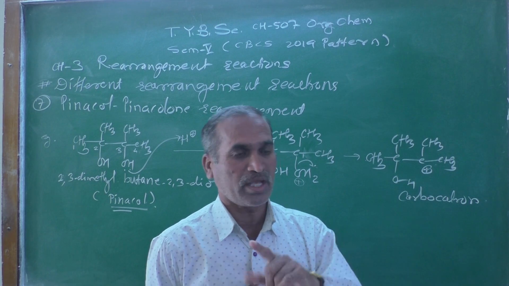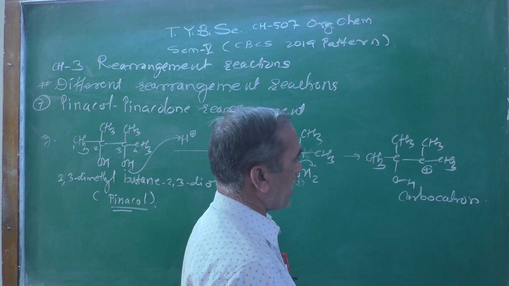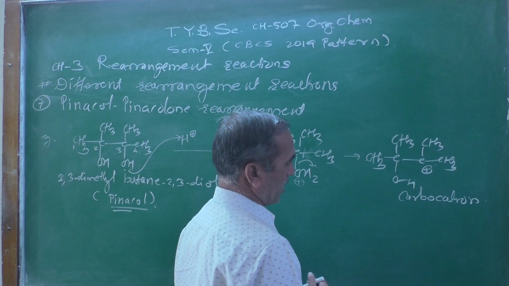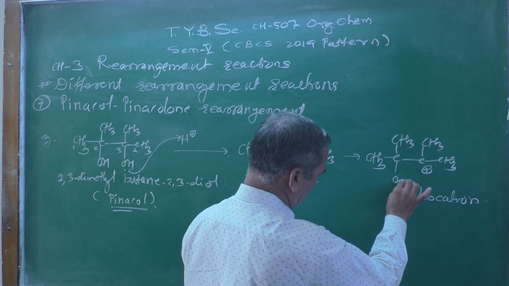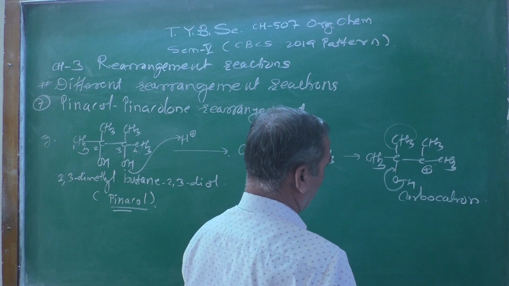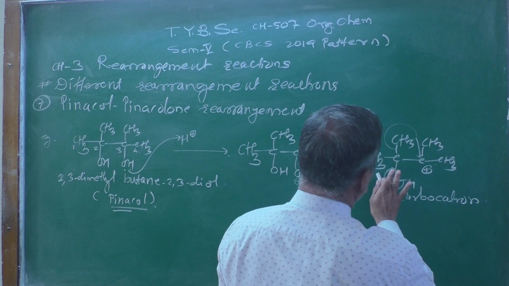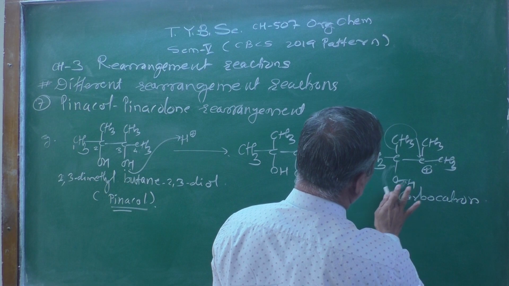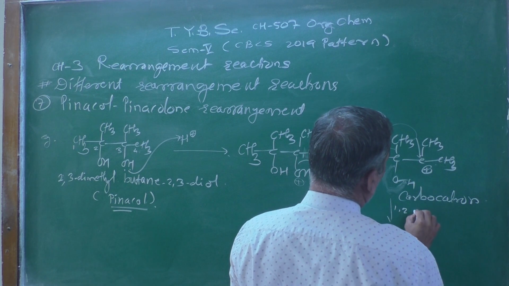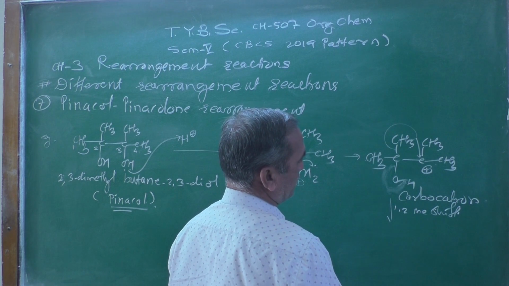It has an empty p orbital, and now the driving force behind it: this carbocation is present, so this moves like that, forming a double bond, and one methyl group shifts from here to here. This is a 1,2-methyl shift.